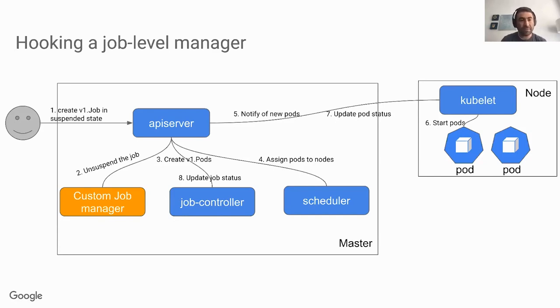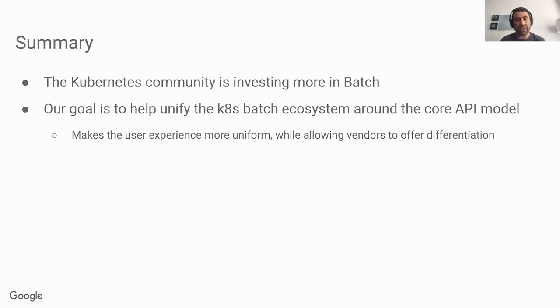Next slide. And so in summary, the Kubernetes community is investing more in batch. We know that historically Kubernetes focused on service workloads. We're investing more and more in batch. And our goal, my team's goal, is to help unify the Kubernetes batch ecosystem around the core API model so that users don't feel torn between and have different experiences.